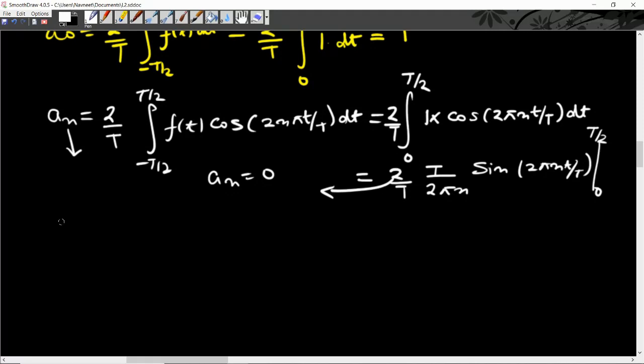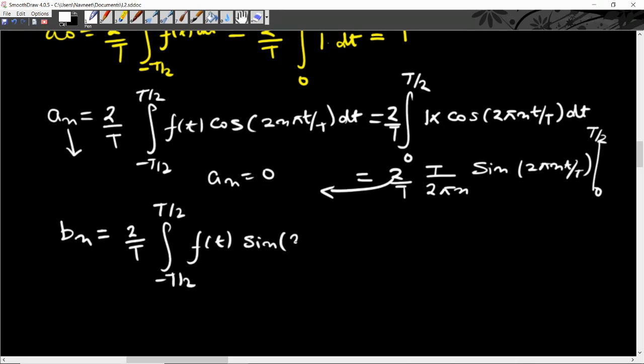So next we can find the coefficients of the sine functions with frequencies that are integer multiples of the fundamental frequency. So coefficients bn are given by this integral where we multiply our function with sine functions with different frequencies and then integrate over the interval.